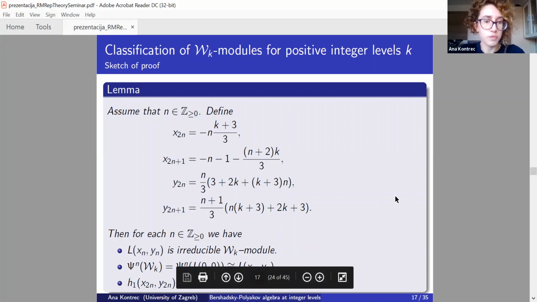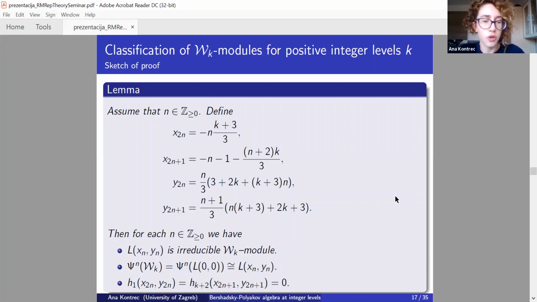And also by construction, it holds that these points are in fact zeros of polynomials h1 and hk plus 2. Okay, so this is elementary. I mean, we start from L00 and then just keep going and obtain this family of highest weights.